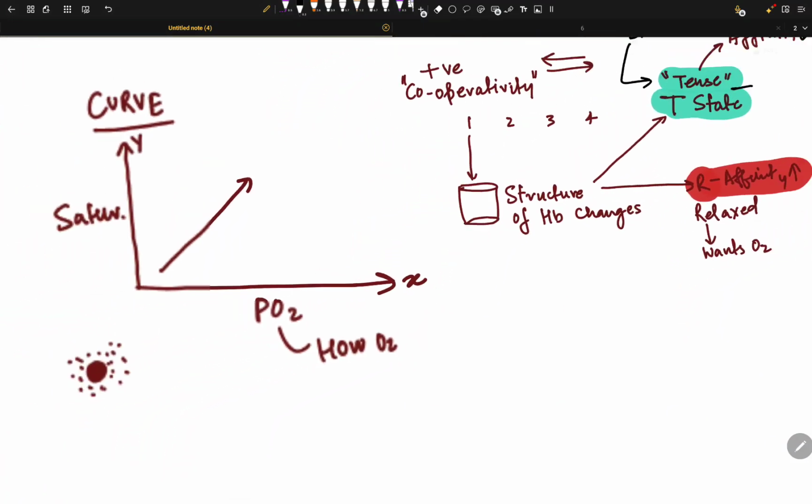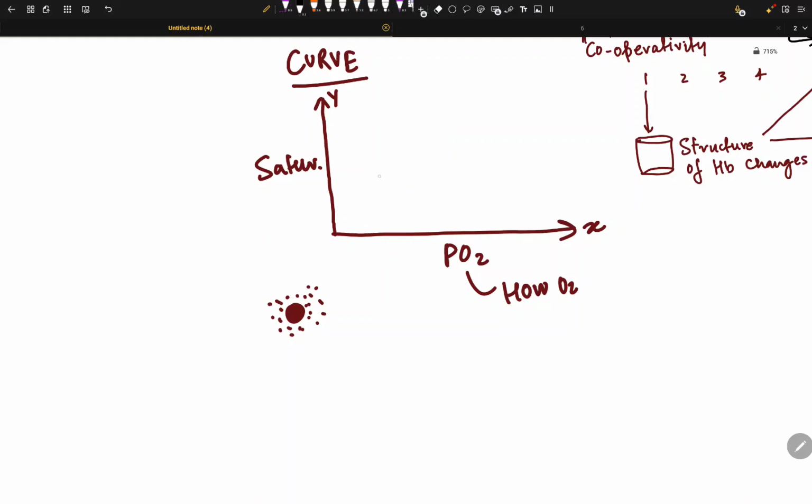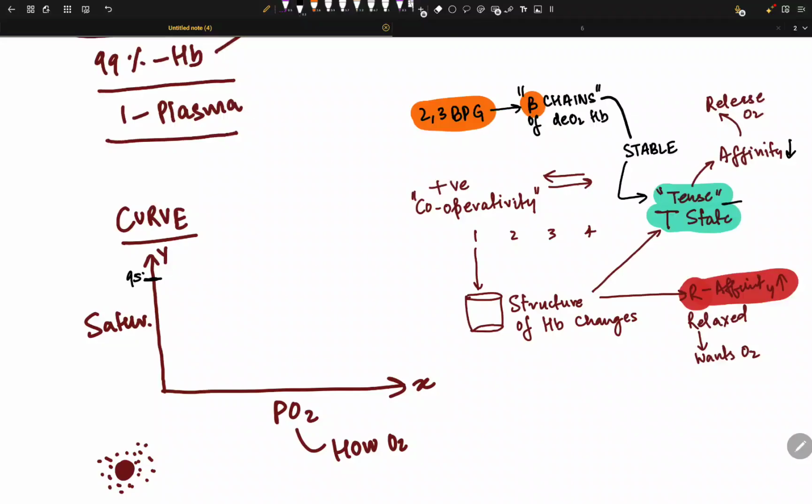So now I'm gonna introduce the right shift. Now I have this graph, and it's gonna shift to the right. Now here's the thing: what actually is shifting? The entire oxygen dissociation graph is shifting. Suppose we don't have 2,3-BPG, the thing that's supposed to make your hemoglobin drop that oxygen.